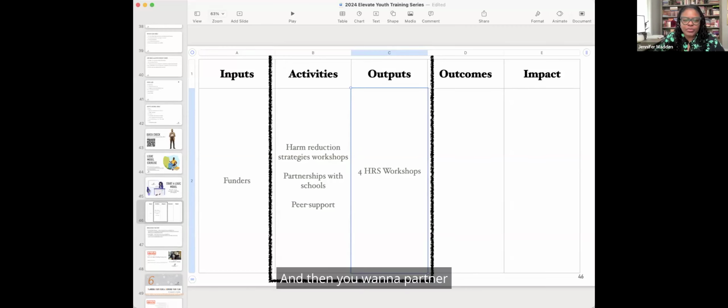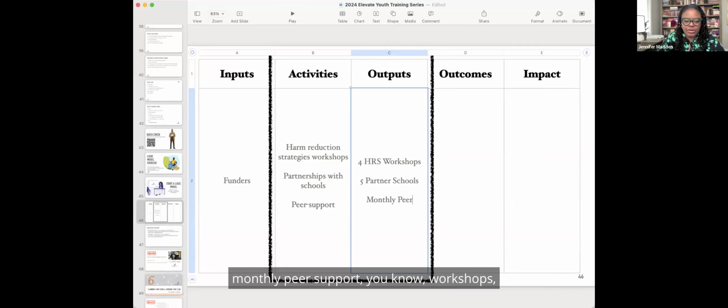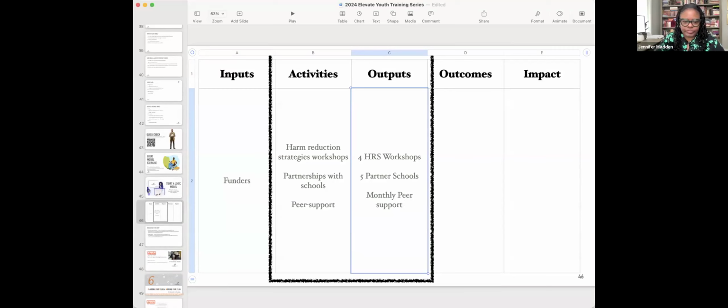And then you want to partner with 5 partner schools. And then peer support, you want to do monthly peer support workshops, experiences, whatever you have.